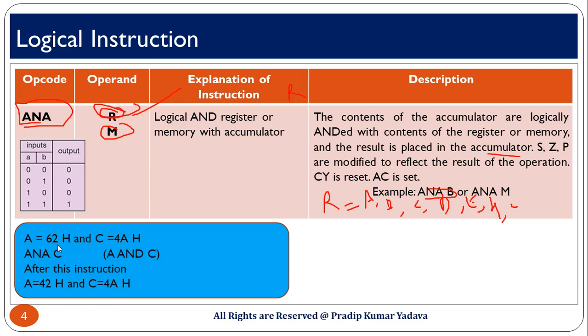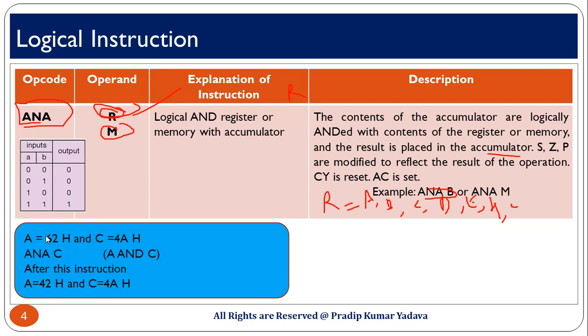Okay. Now, what is the meaning of this? Suppose the content of A is 62, okay, means this is the content of accumulator, and the content of C is 4A. Okay, and suppose you have written ANA C. What is the meaning of this?